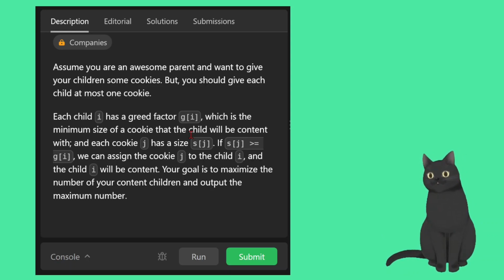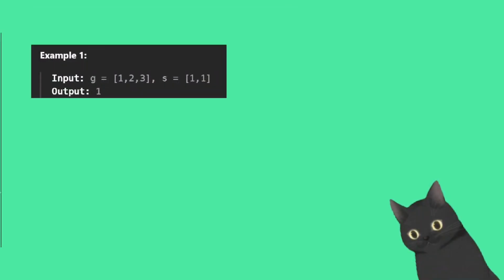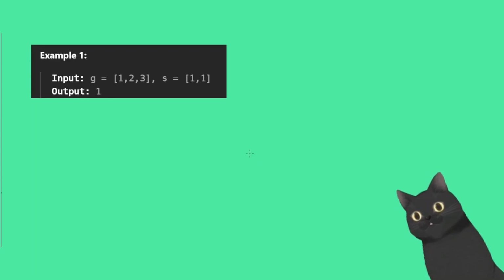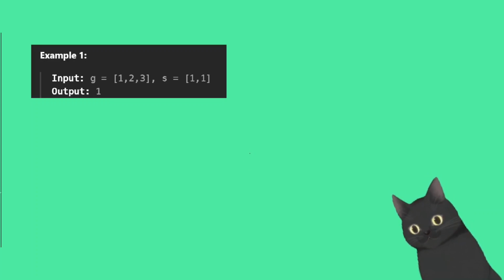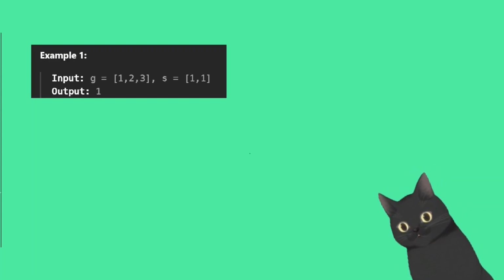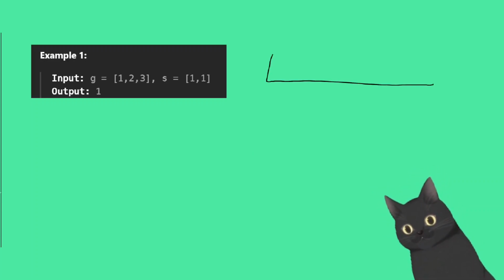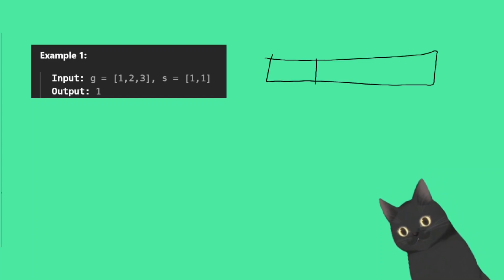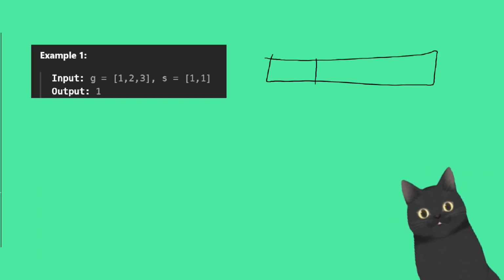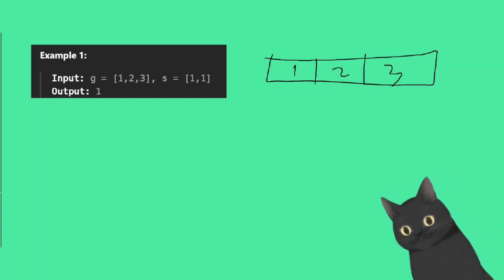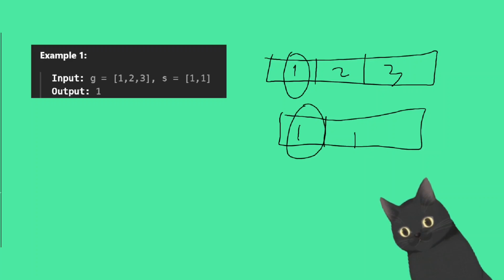Now let's go to the whiteboard and try to solve this. If I go with this example here, there's only one way to satisfy the maximum number of kids, which is to give the first child one cookie.